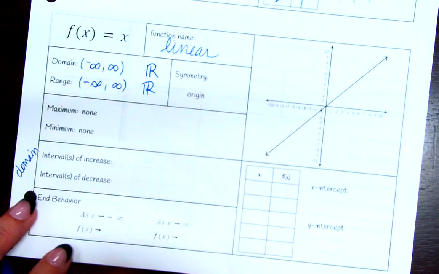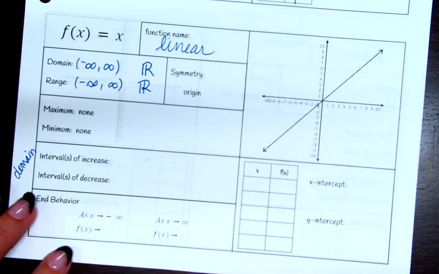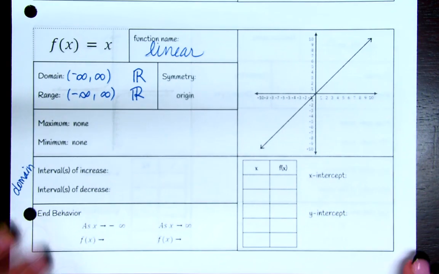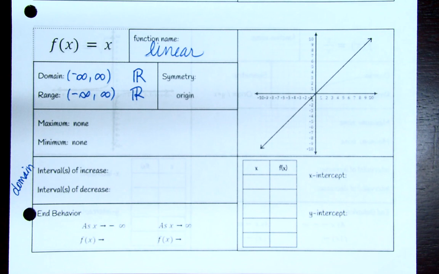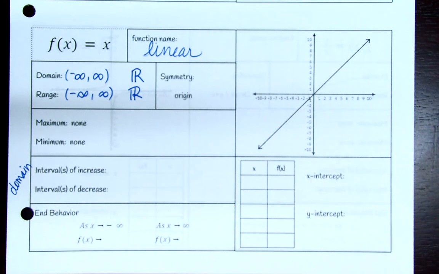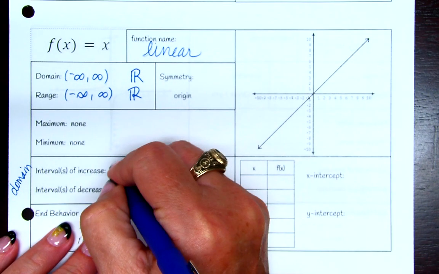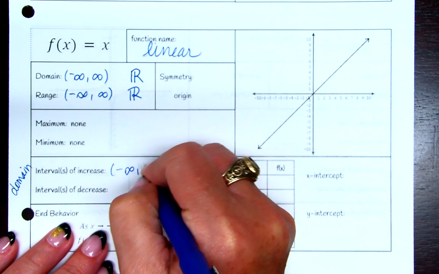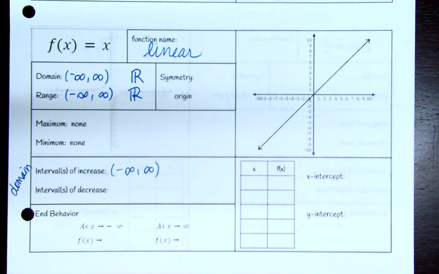This is a domain issue. We're only talking about the domain when we're talking about intervals of increase or decrease. So I'm only caring about the x values. So if you're telling me that I increase the entire length of the function, then my intervals of increase is the domain of the function. Does that make sense?